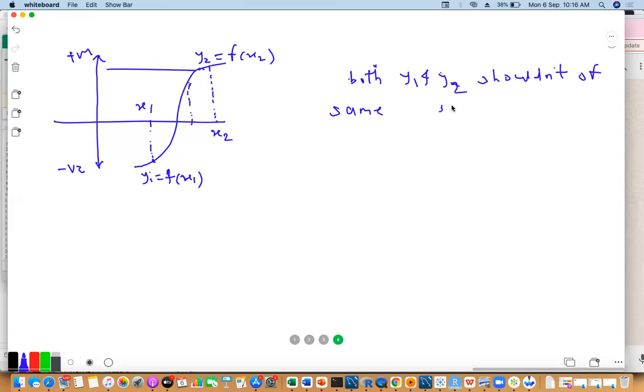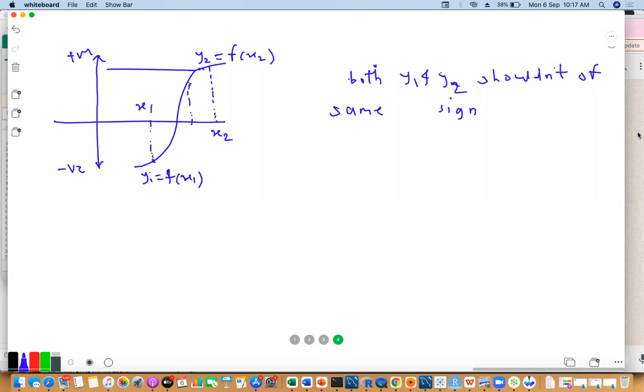One should be negative, the other should be positive. If both of them are negative, or both are positive, then our initial guesses are wrong. It could be y2 positive and y1 negative, or y1 positive and y2 negative, whatever it is, but the signs should be different for both of them, right?